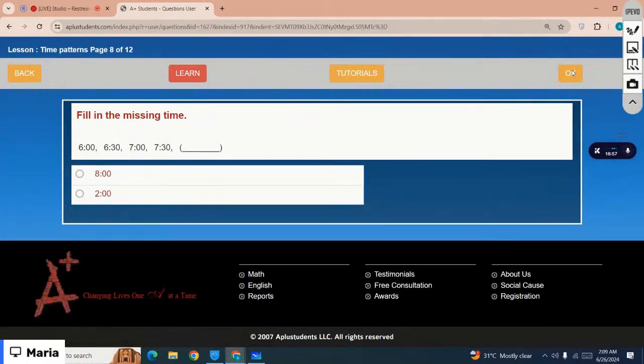Fill in the missing time. 6, 6:30, 7, 7:30. Which time is missing? The missing one is 8. Option number 1 is the correct option.